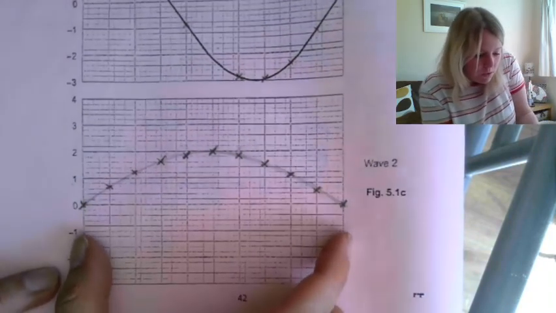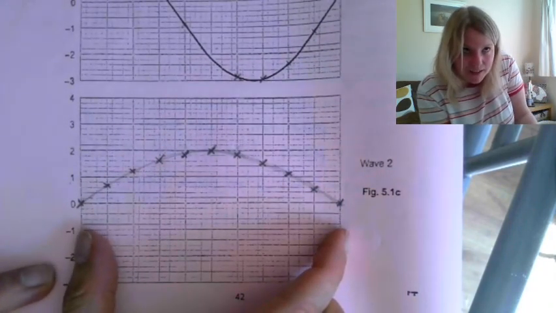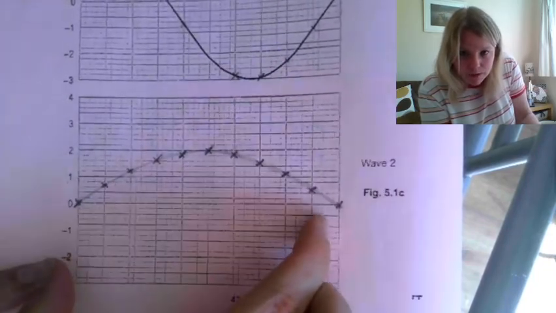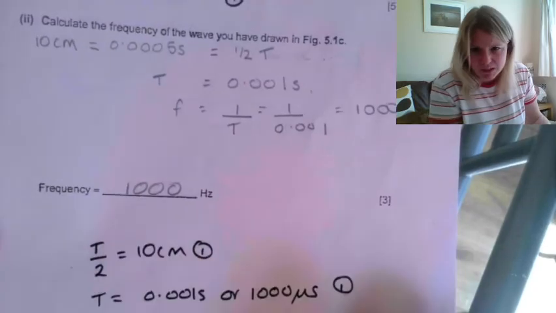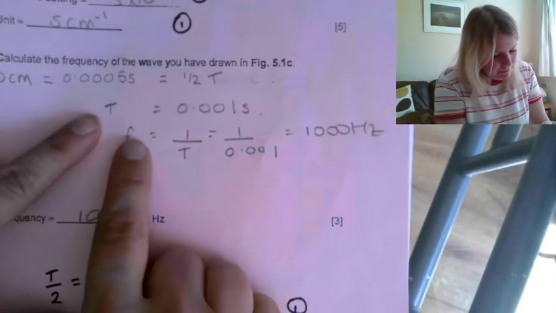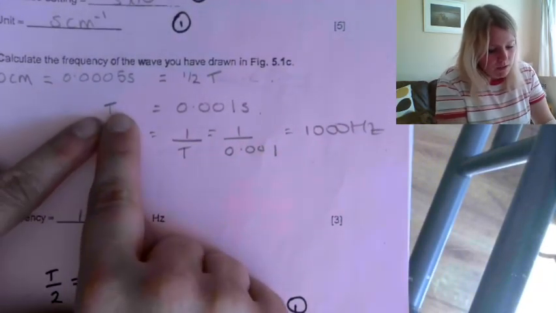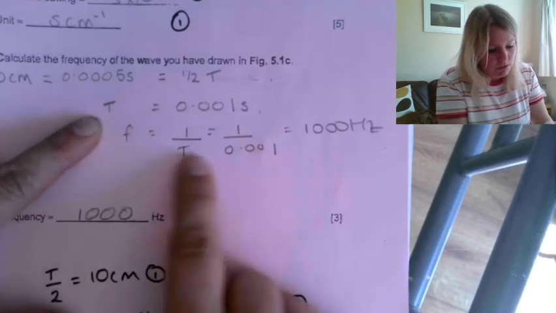So now that we know that this is 10 centimeters and we have the time that that represents, we know that that is half of the time period of that wave. Does that make sense? It makes sense to me. So that means the time period is going to be just double that.